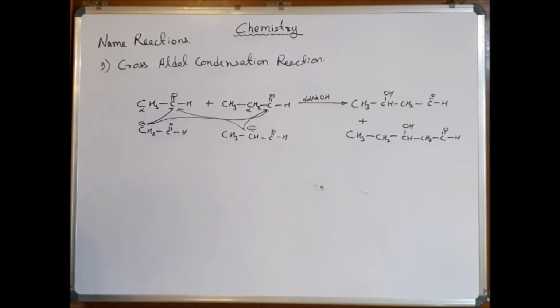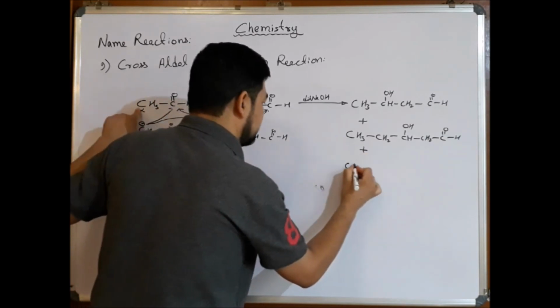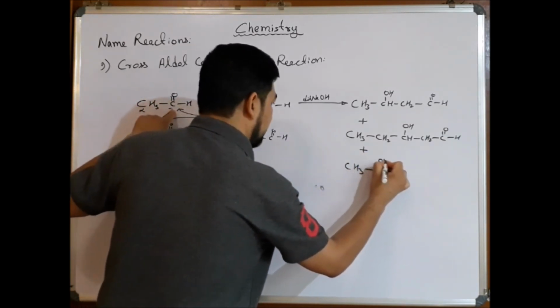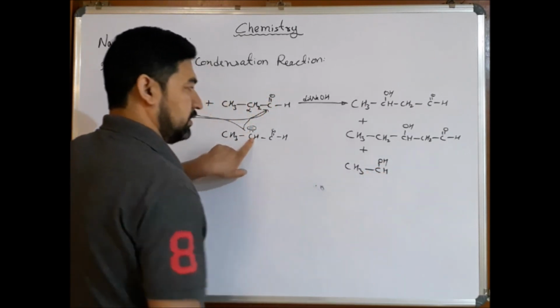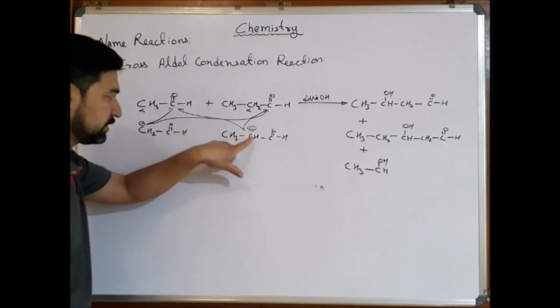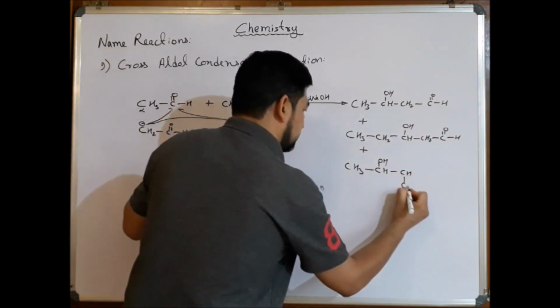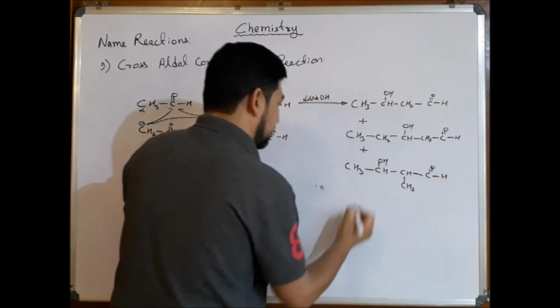If it attacks here, then our product will be CH3 COH, here comes H, then you have to connect it here. So it's CH3 C double bond OH, plus.